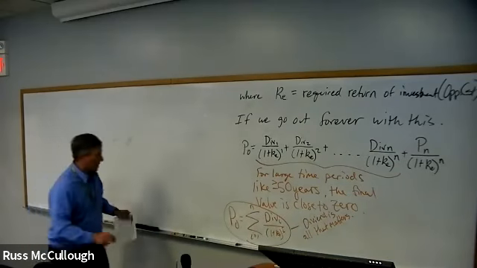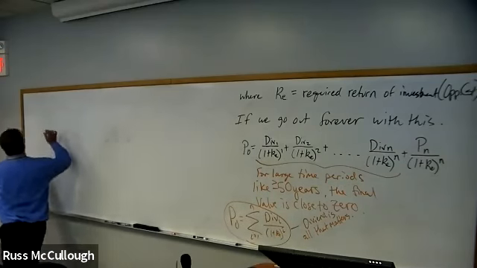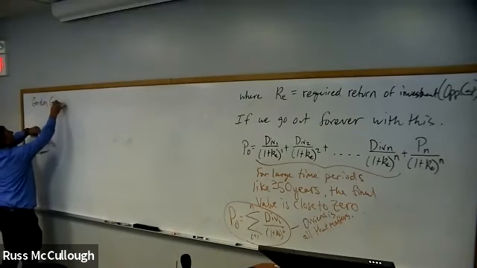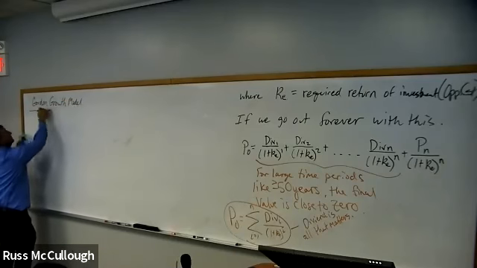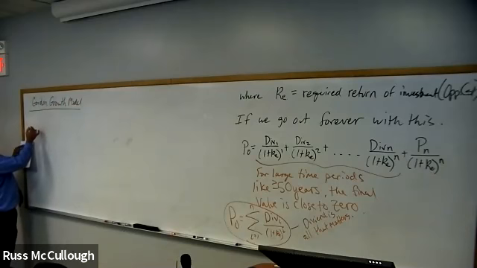Okay, so now we get to the Gordon growth model. So the Gordon growth model. What if we do infinity instead of n?